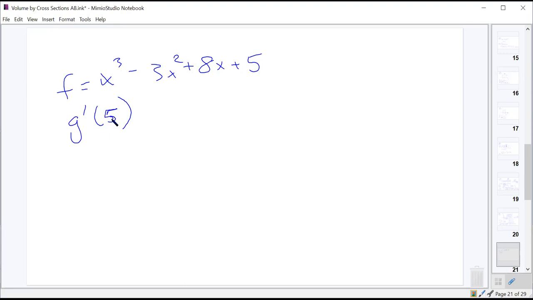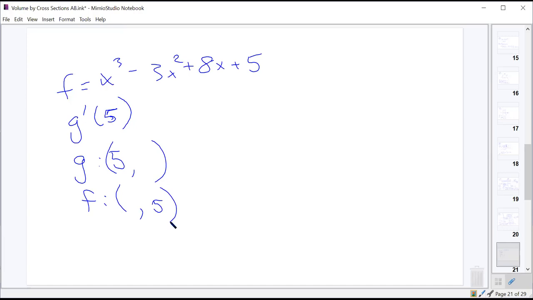So g prime of 5, that means that g has a point 5 something, which means that f has a point something 5. And all we need to do is figure out when f equals 5. Okay?